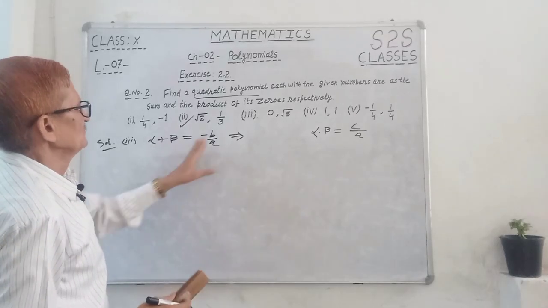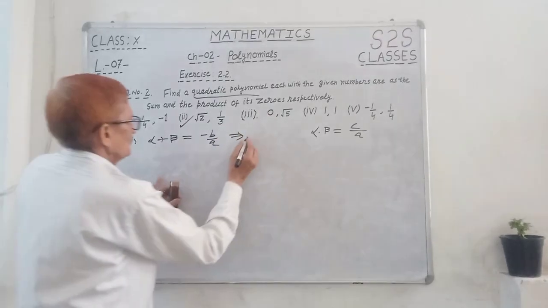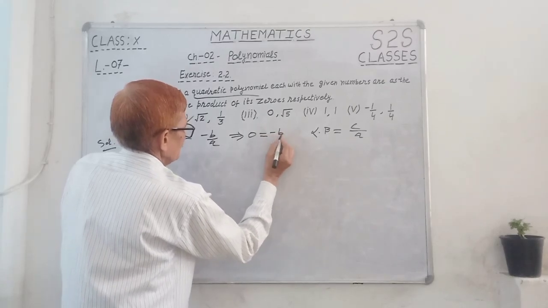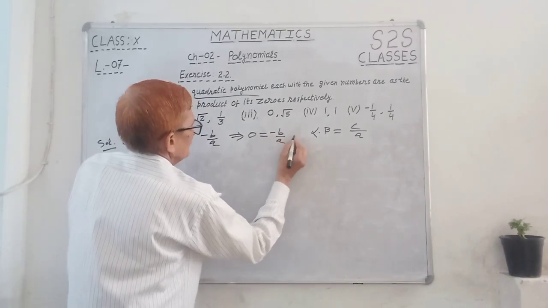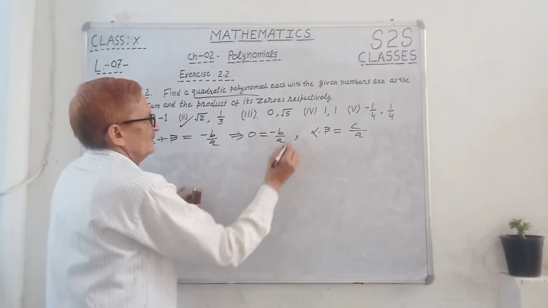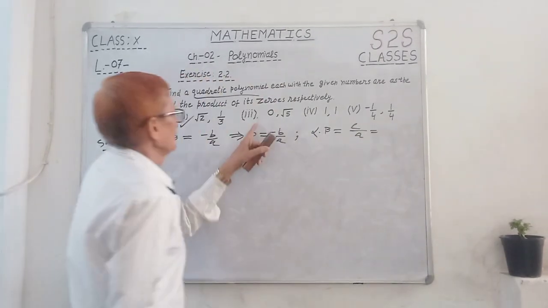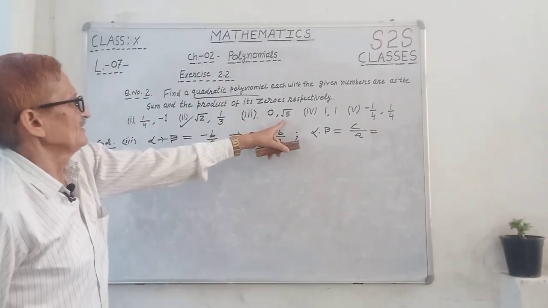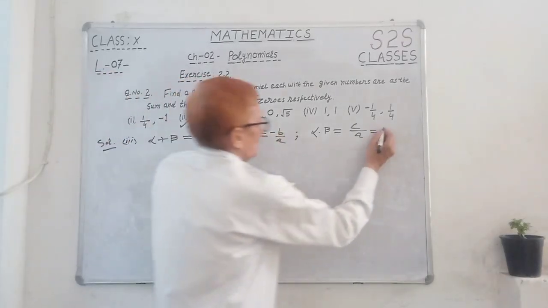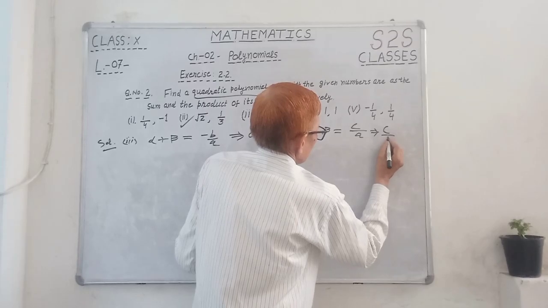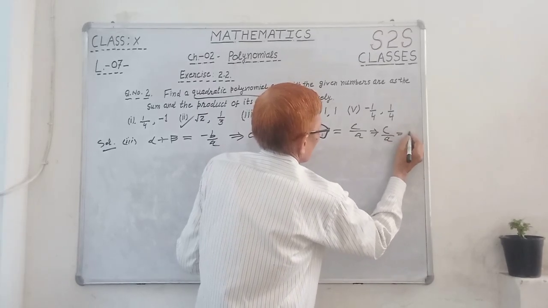Alpha plus beta value given in the third part is 0. So 0 is equal to minus b upon a. Comma, product is c upon a, and the product given in the third part is root 5. Then root 5 is equal to c upon a. So this implies c upon a is equal to root 5.